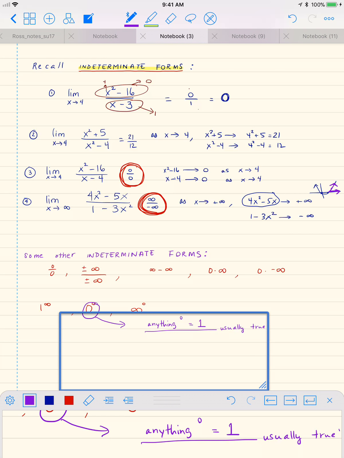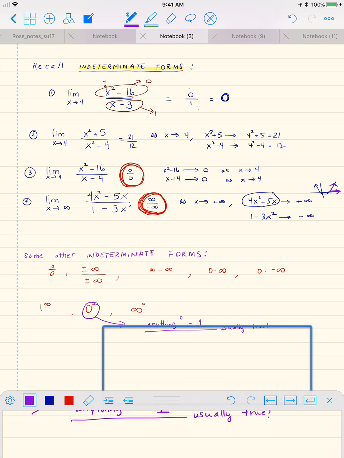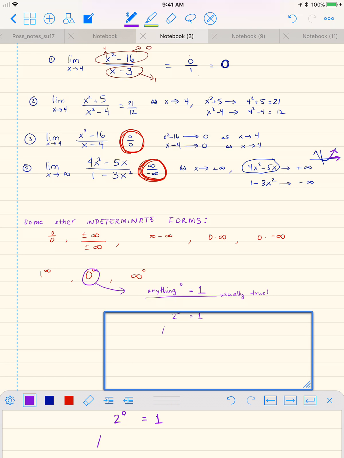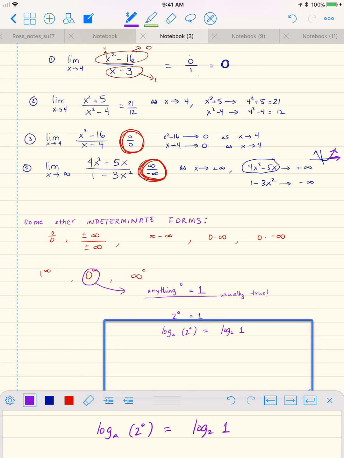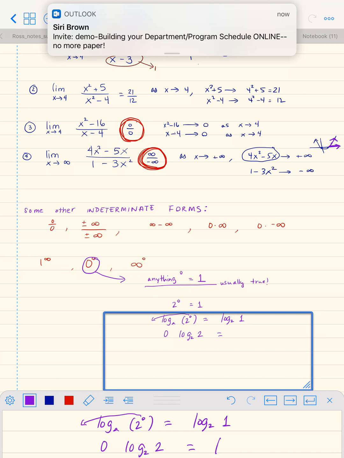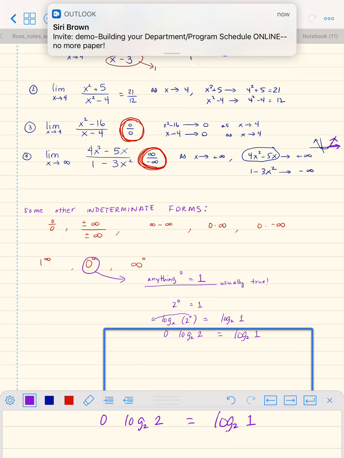And the reason why it's usually true is because, say if you had something like 2 to the 0 equals 1, then you can take log base 2 of 2 to the 0, which would be equal to log base 2 of 1. And now that 0 would have to come down, so we'd have 0 times log base 2 of 2 equals log base 2 of 1.